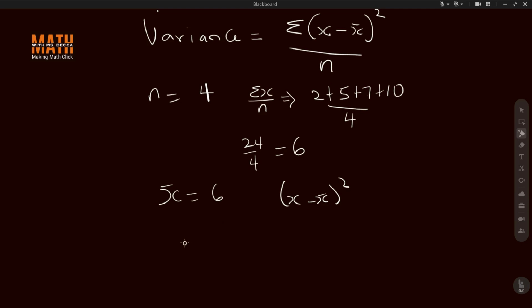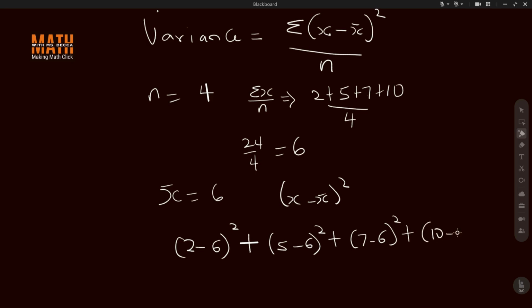So this will be 2 minus 6 square. Because of the summation, that means we will add plus 5 minus 6 squared plus 7 minus 6 squared plus 10 minus 6 squared then all over 4.